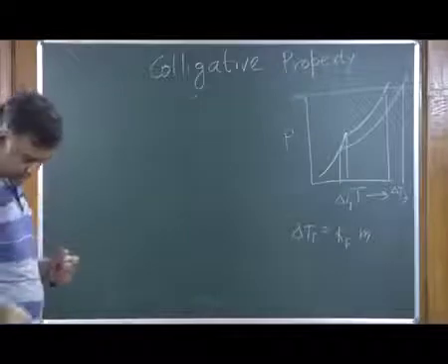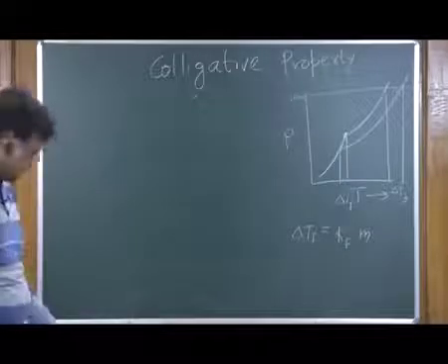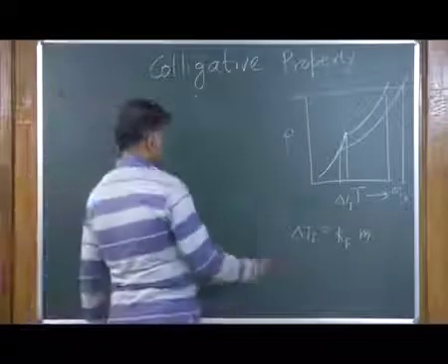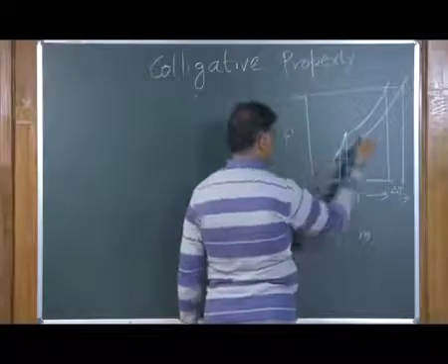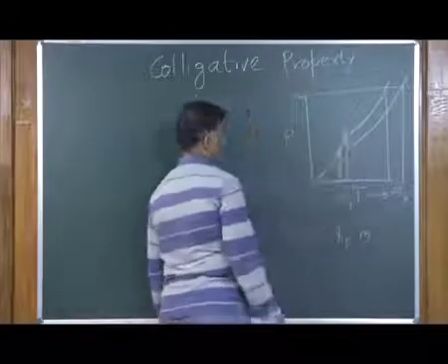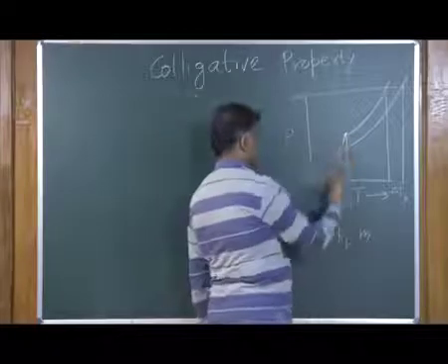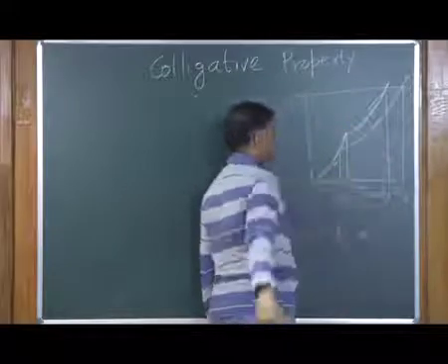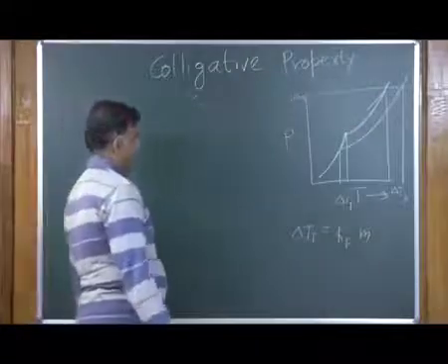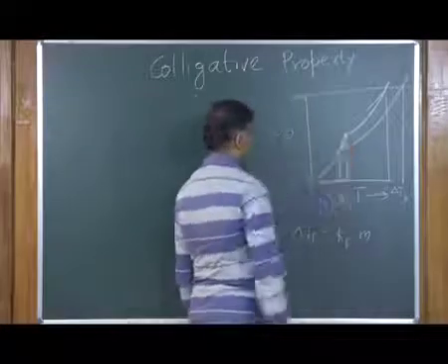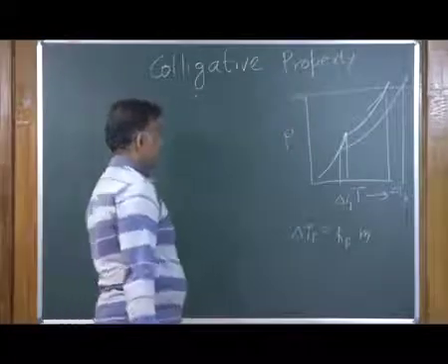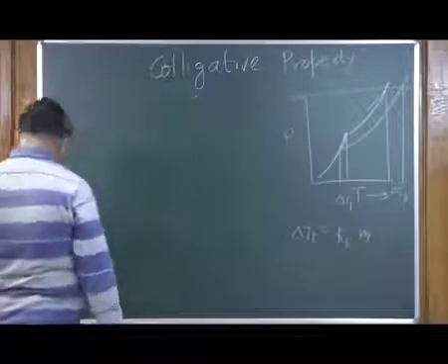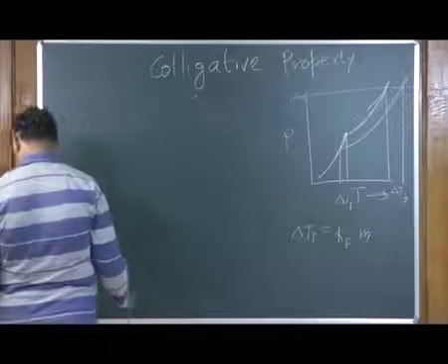Okay, and the same kind of formulation we can do, and of course, Kf and Kb are related to the property of these curves. Kf depends on the curvature of this curve, and Kb depends on the curvature of that curve. The curvature of this curve depends upon the enthalpy of freezing, and the curvature of that curve depends upon the enthalpy of vaporization, and Kb and Kf have formulas which can be written.